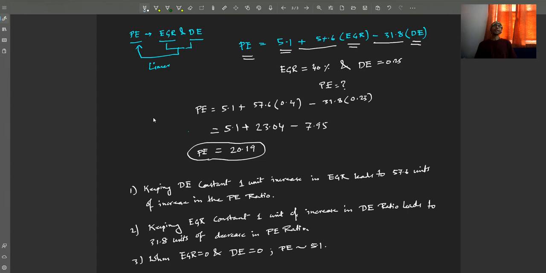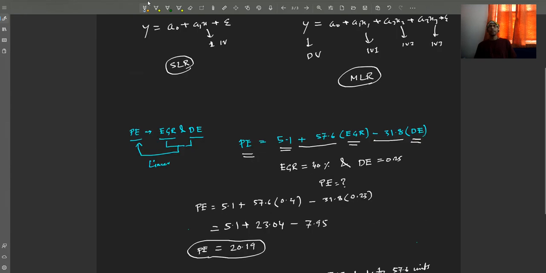Now we have certain terms that we use for these coefficients, that is 57.6, 31.8, and also we have a separate term for this 5.1. This 57.6 and 31.8, these are called partial regression coefficients. Why are they called partial regression coefficients, friends?